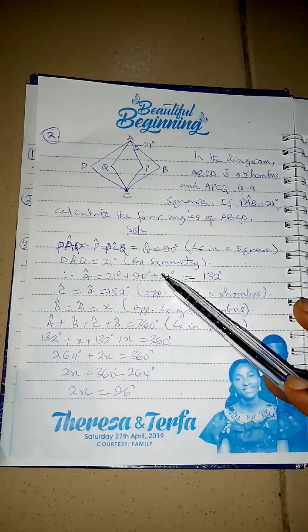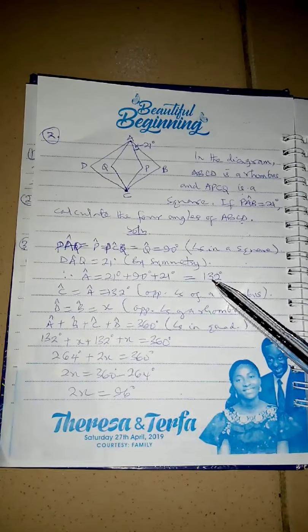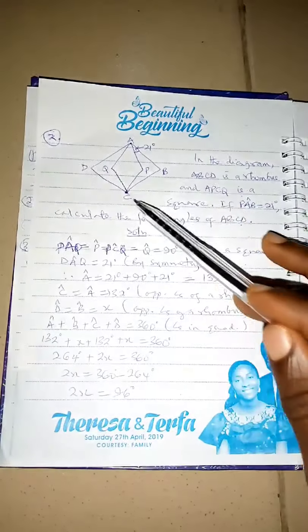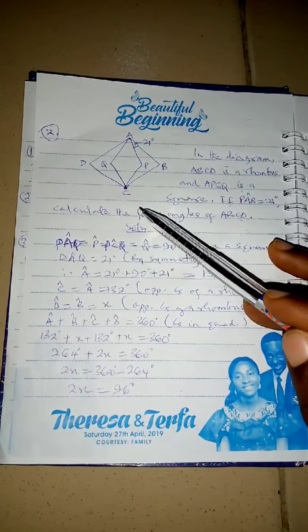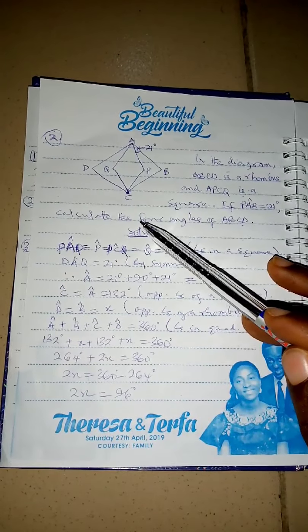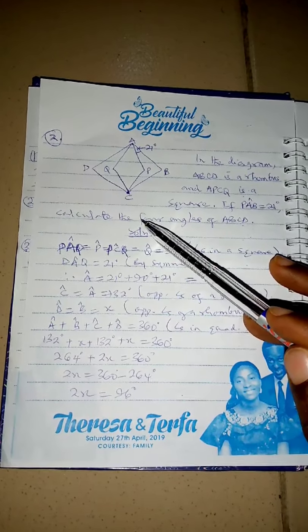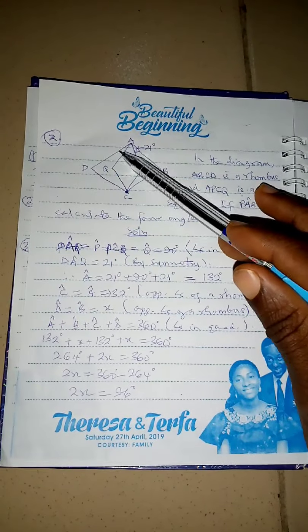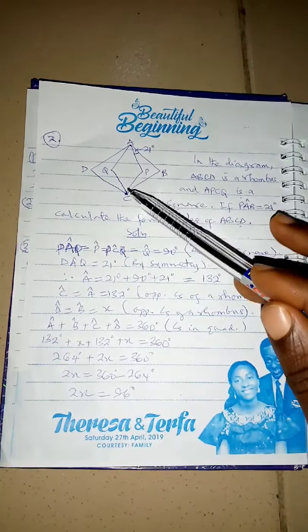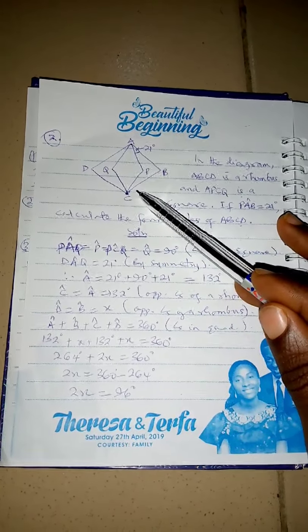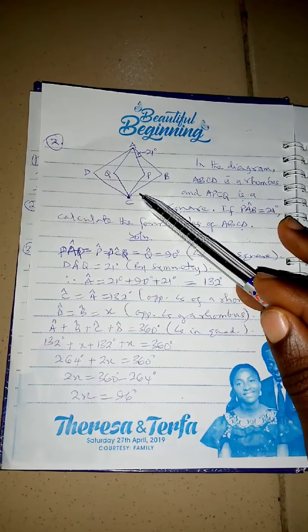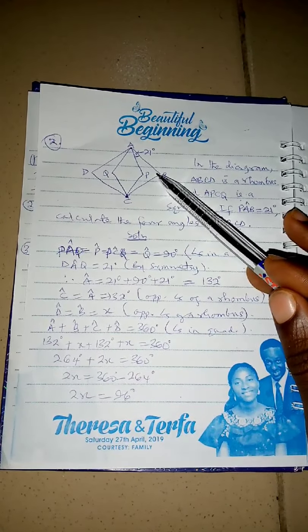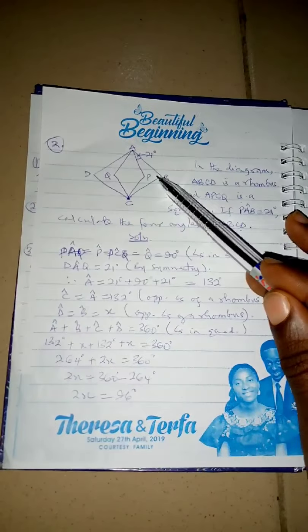That will give you 132 degrees. Remember, ABCD is a rhombus. And when you go back to the properties of a rhombus, one of them is that the opposite angles are equal. Therefore, angle A as a whole will be equal to angle C as a whole. Therefore, angle C will also be 132 degrees. Angle D will be equal to angle B.